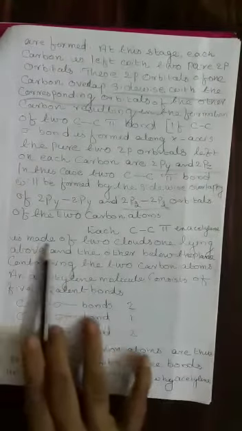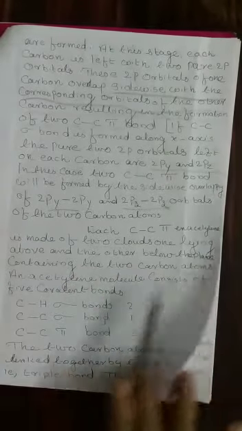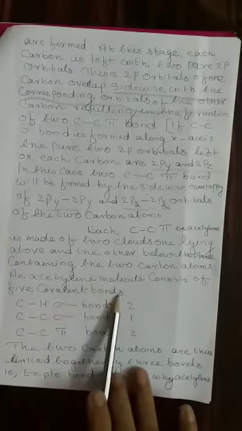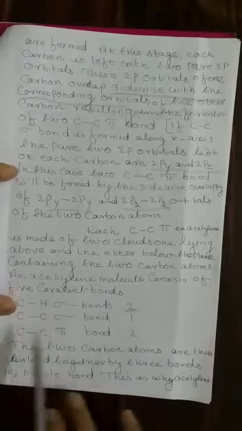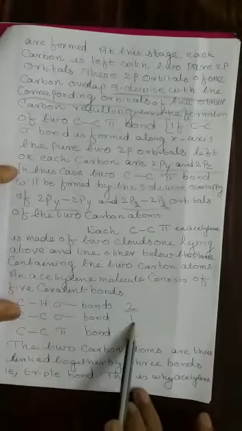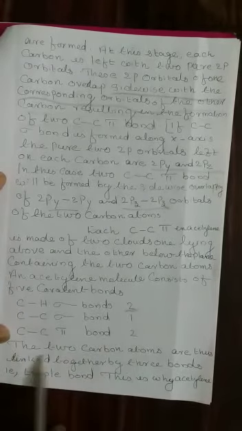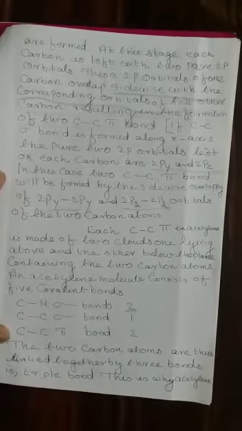An acetylene molecule consists of 5 covalent bonds: carbon-hydrogen sigma bond 2, carbon-carbon sigma bond 1, carbon-carbon pi bond 2. The two carbon atoms are thus linked together by 3 bonds, that is a triple bond.